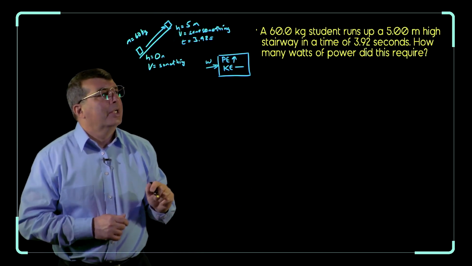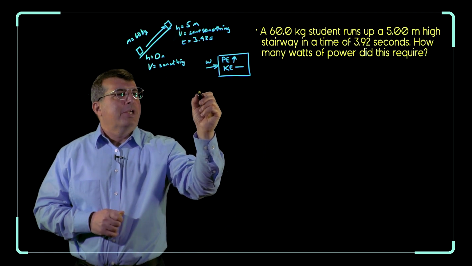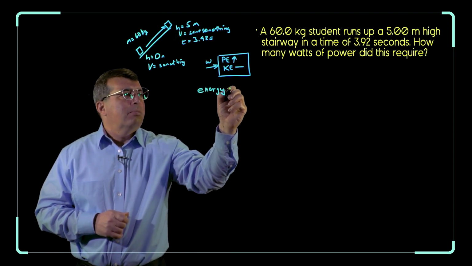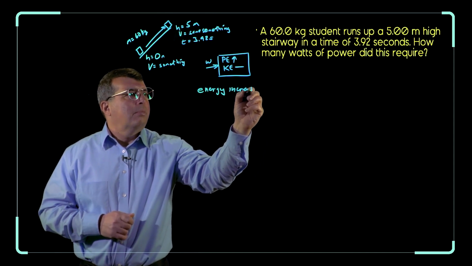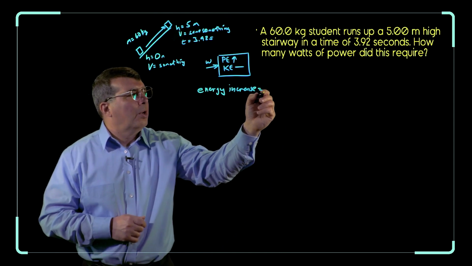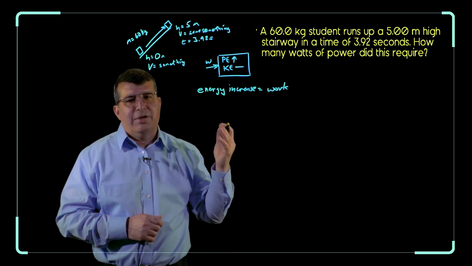Okay, so the work is increasing the potential energy, and we can use this to calculate our work. Let's use our energy principle. Our energy principle says energy increase is equal to the work plus the energy decrease.